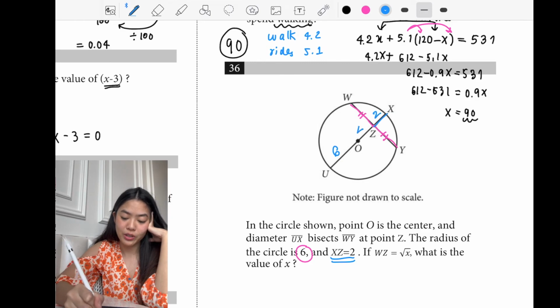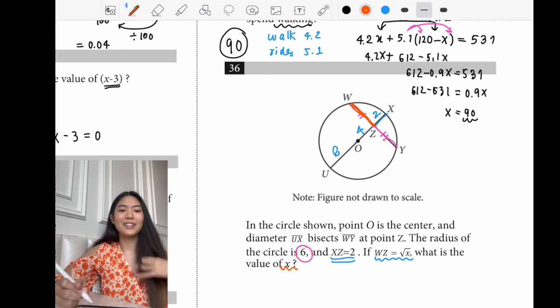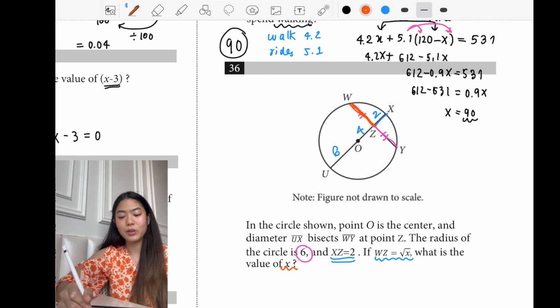XC is 2, so here is 2. Therefore, this part is 4. And WC is square root x. WC is here. So what is the value of x? We want to find the length of WC.